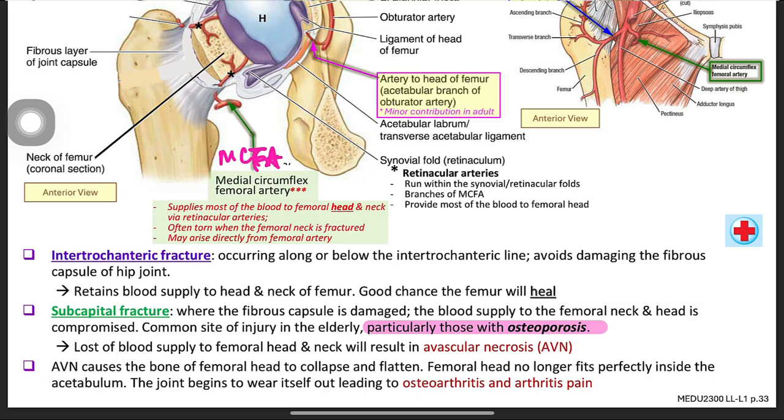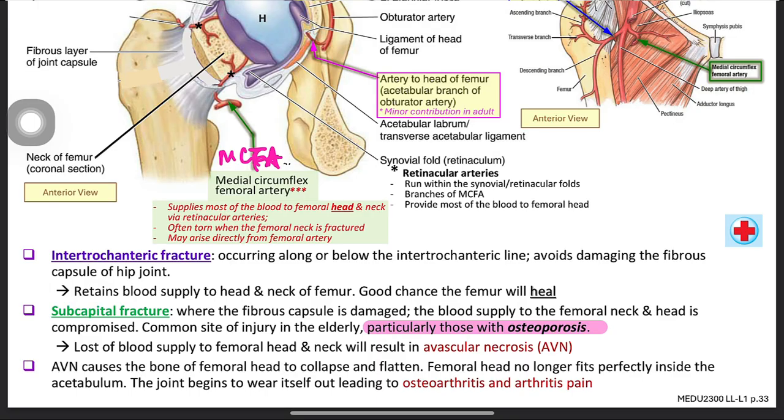So this is called AVN, avascular necrosis. In some textbooks they also use AVN, but the A stands for aseptic, not avascular. It's nothing to do with bacteria. Aseptic, avascular, both A, right? Okay, so the AVN causes the bone of the femoral head to collapse and flatten.